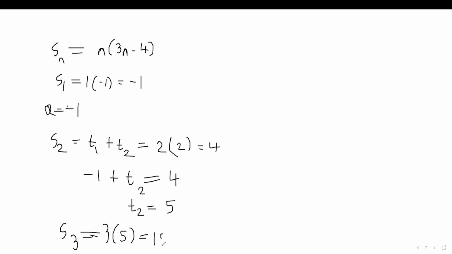But 15 is equal to the first term, negative 1, plus the second term, 5, plus the third term, T3. Minus 1 plus 5 is 4. Bring over the 4, 15 minus 4 is 11. So T3 is 11.